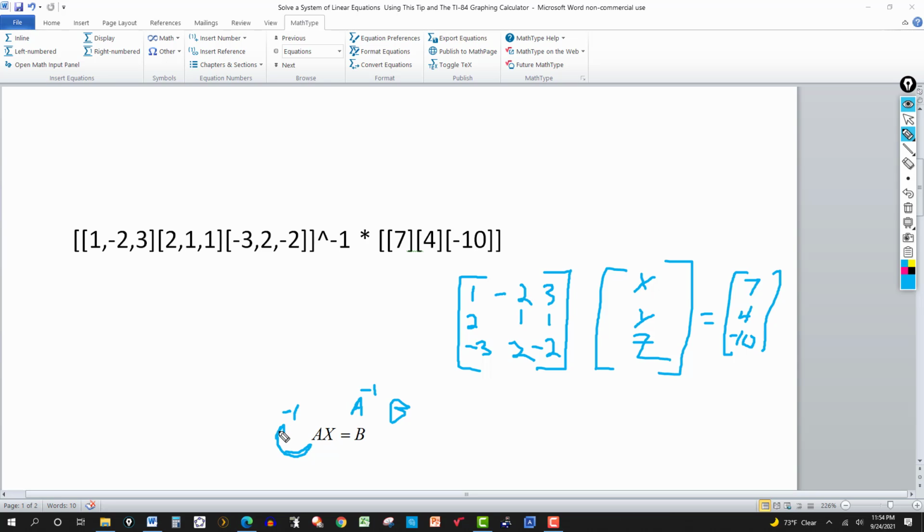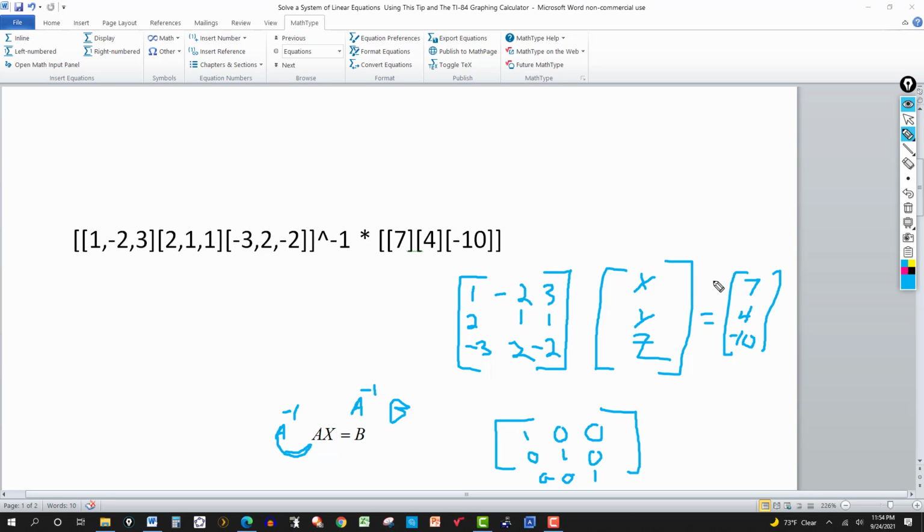So when I multiply A inverse and A, like you saw in the other video that I did, those are inverses, so I'm going to get the 3 by 3 identity. So this would be 1, 0, 0, 0, 1, 0, and 0, 0, 1. Okay, so if I multiply this out here, which again, this is the inverse of this. So I'm multiplying both sides of this, and that's what I did in the calculator, okay?